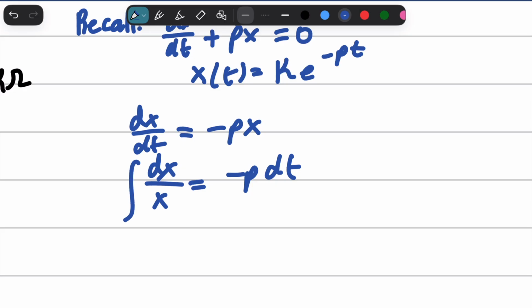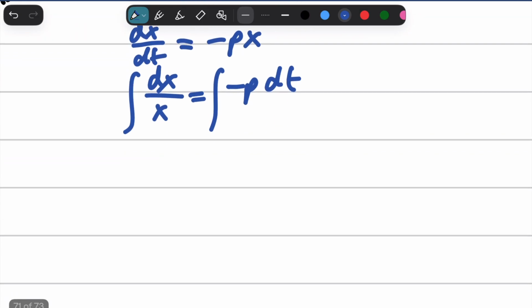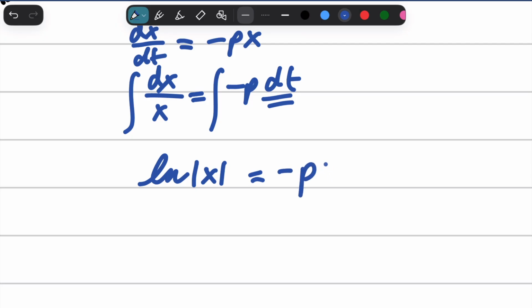And we're going to integrate, okay? The integral of 1 over x is just the natural log of x. And then we are going to have some constant c, but I'm going to go ahead and leave that off for now because this side is going to create a constant c, and we might as well just have it all in one c, right?